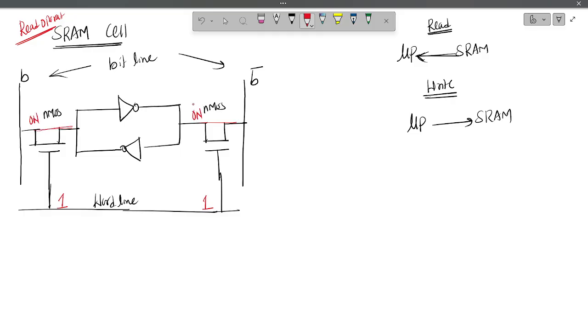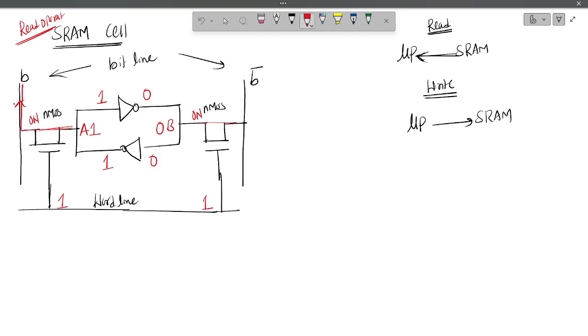After that, whatever the bit value is, let us take this as point A and point B. Suppose here 1 is available, here you will get 0, here 0, and here 1. That means at point A 1 is available, at point B 0 is available. Whatever bit value is available at point A and point B will be transmitted to the bit line.